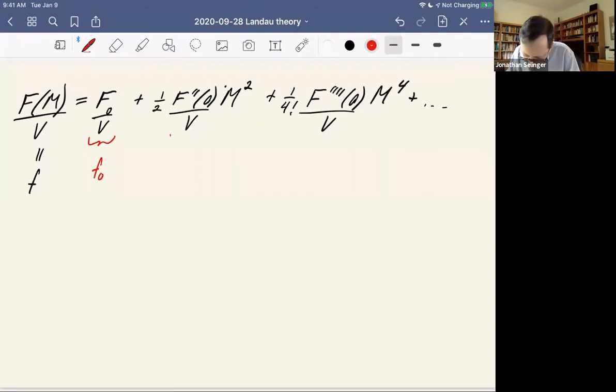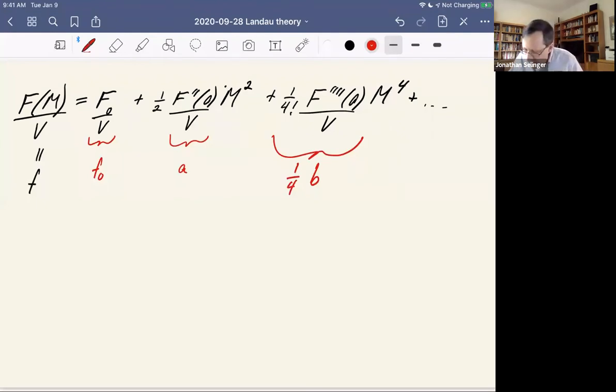And this I will call A. And this whole thing, this 1 over 4 factorial f quadruple prime, I'll call that just 1/4 B. Okay, and so this is just to have easier things to work with.